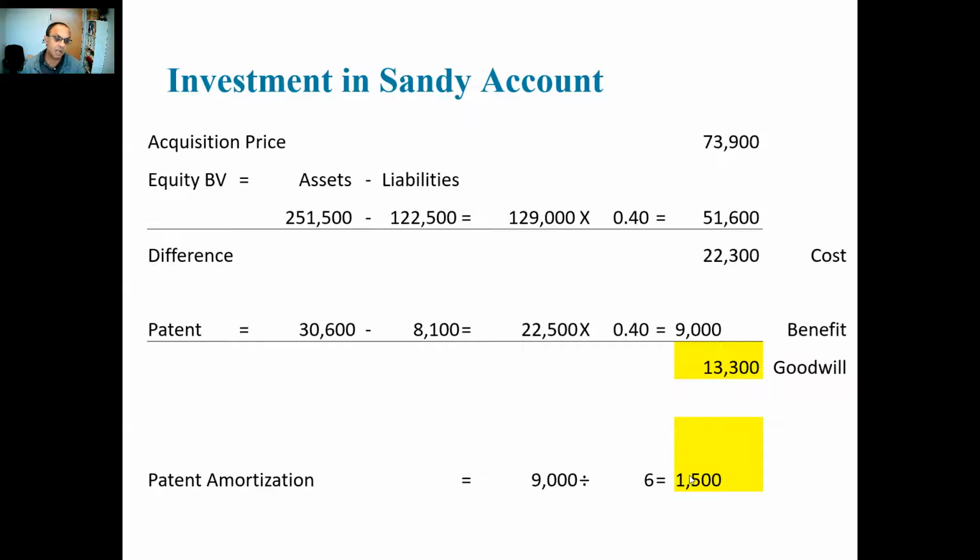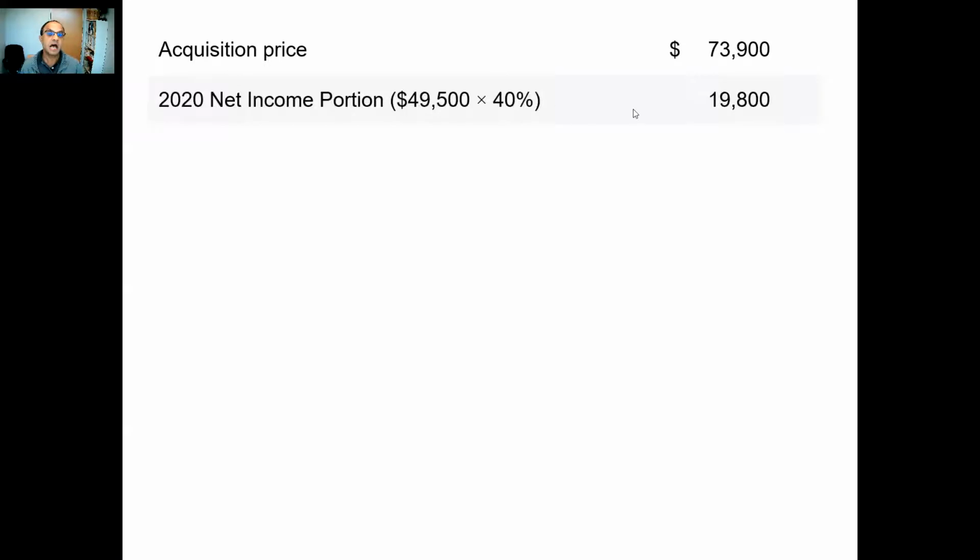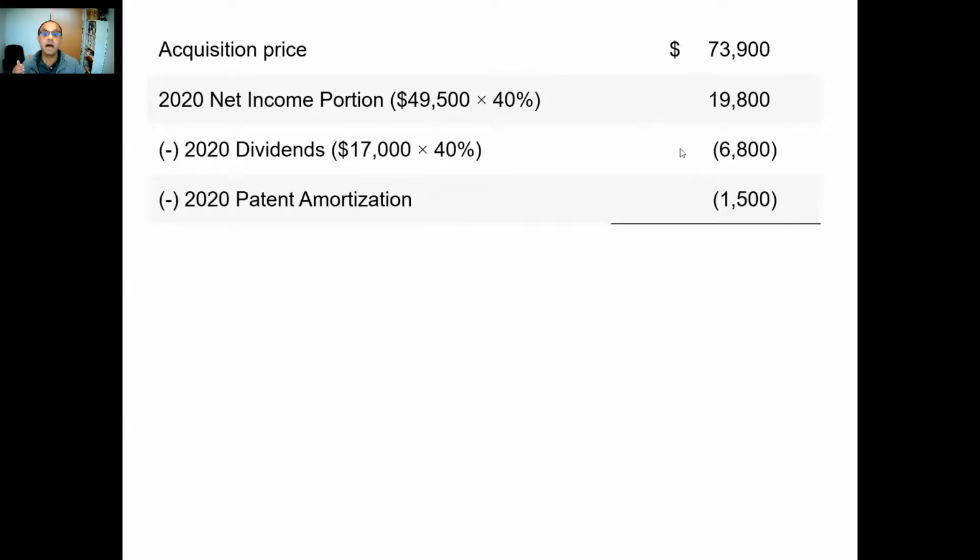If you remember in the prior example, it used to be 8 years or 15 years and so on. Now we need to see that the acquisition price here plus our portion of the net income minus our portion of the dividends minus the patent amortization, which you have seen in the prior slide.